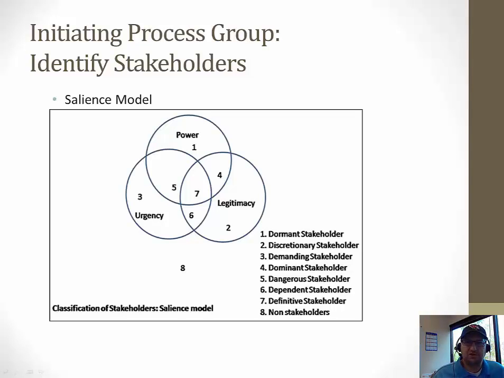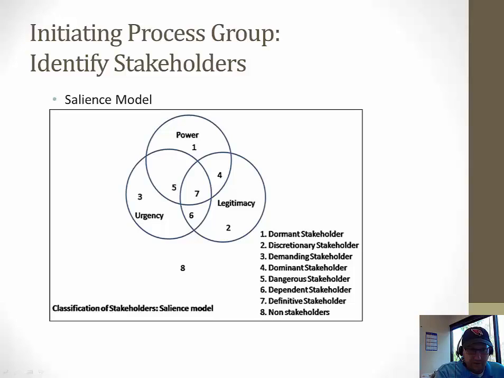So the model lets the project manager decide the relative salience of a given stakeholder, and basically it tells them the degree to which managers should give priority to competing stakeholders' claims, suggestions, or just their perspective.